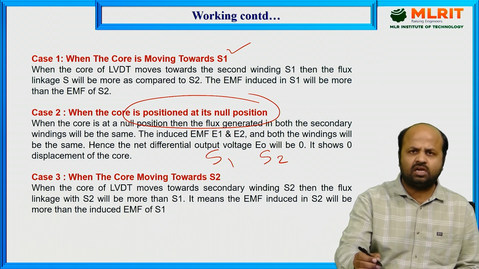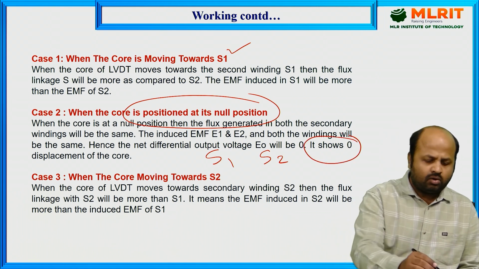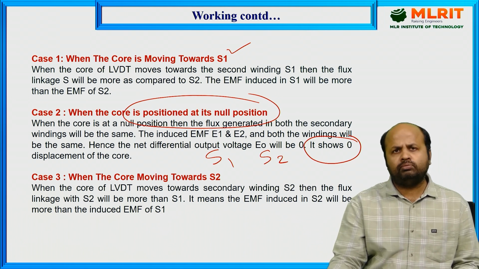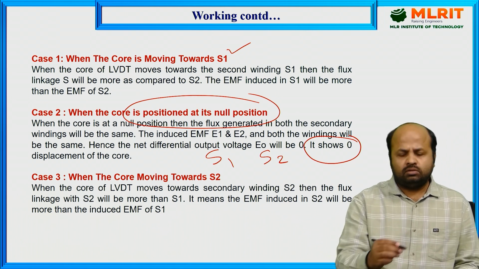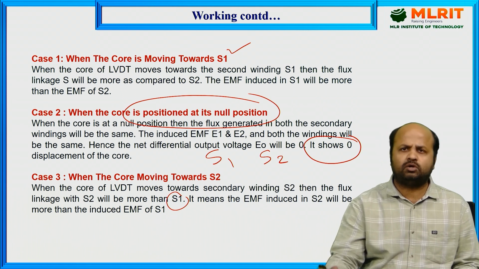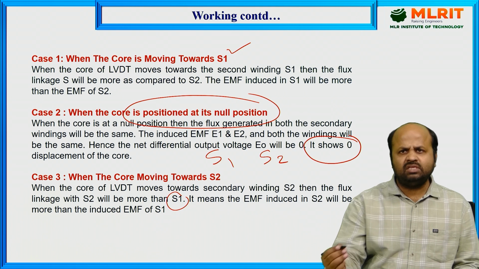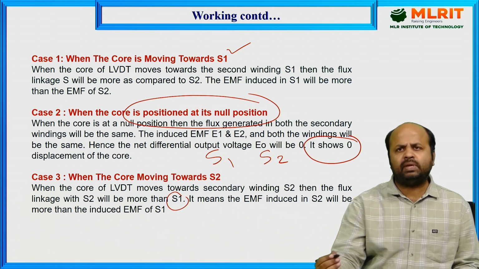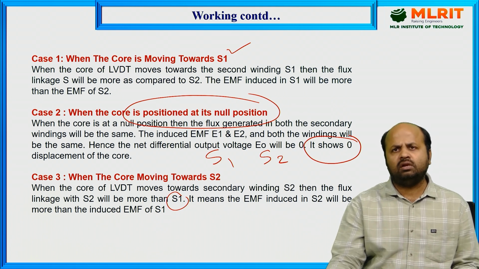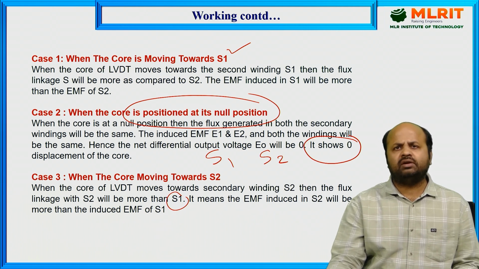That's why they cancel out and give zero voltage. When the core moves towards the left side, in S1 there is more magnetic flux linkage as compared to S2. So the net voltage is negative. In this way, the linear displacement is converted into electrical voltage based on the mutual inductance in both secondary windings.